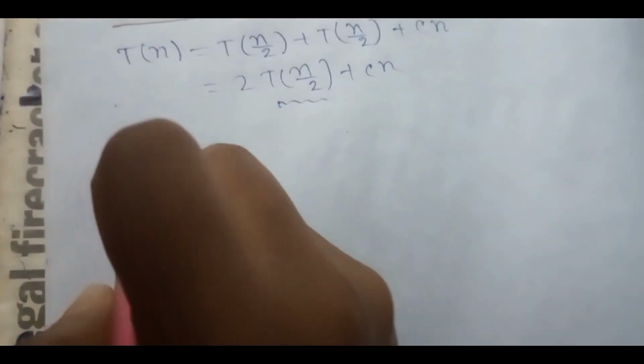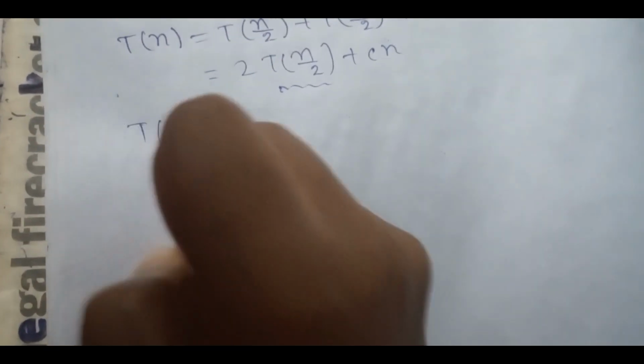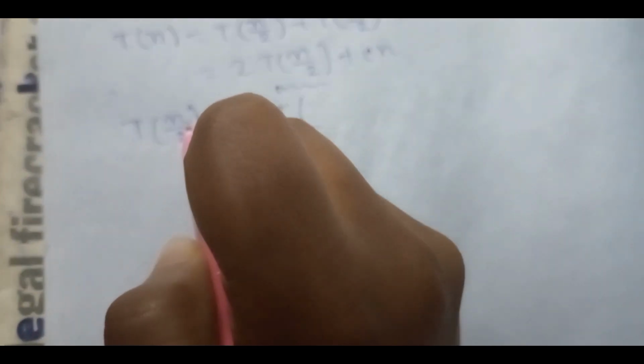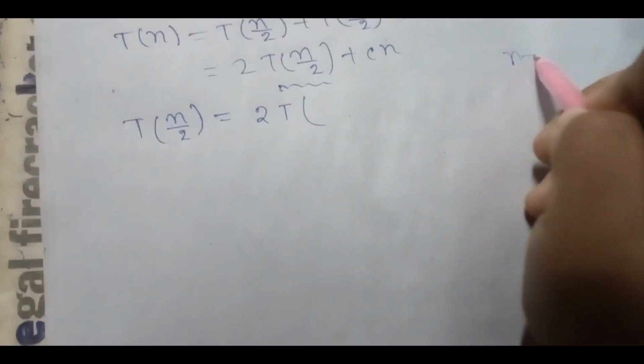Now find out the value of T(n by 2). T(n by 2) is equal to 2T(n by 4) plus C n by 2, as now n is equal to n by 2.